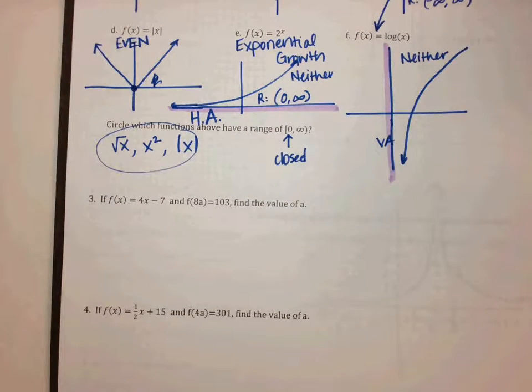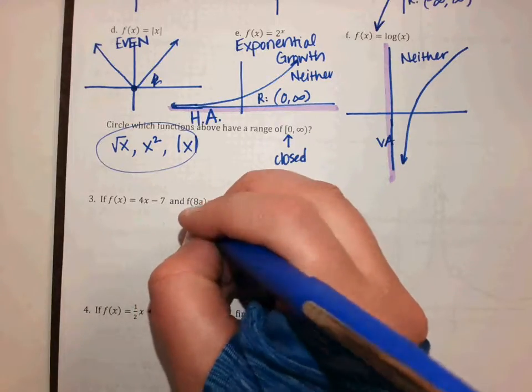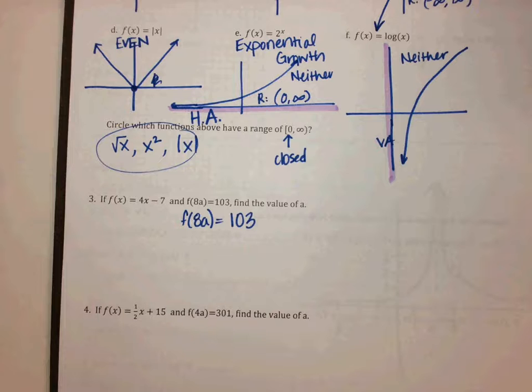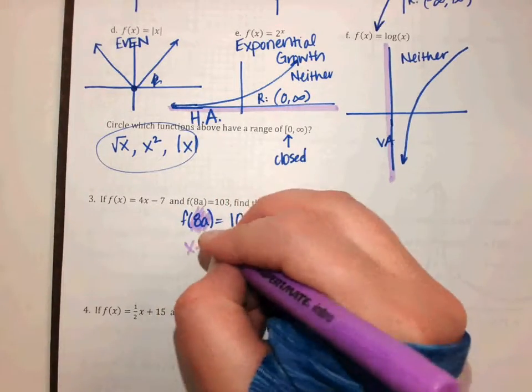Okay, next two. There's a question sort of like this on your CBA. It's not exactly the same. Okay, but it says to find the value of a when you know that f of 8a is 103. Which of those goes in the x spot? The 8a. Good. This is going to go in the x value.